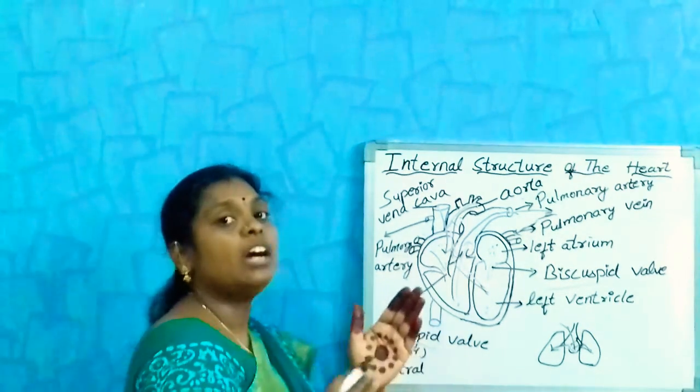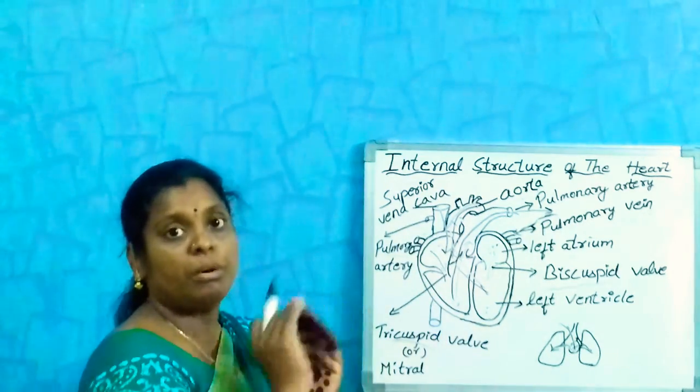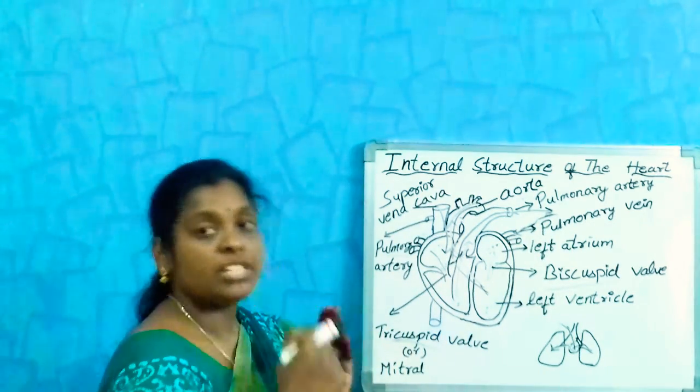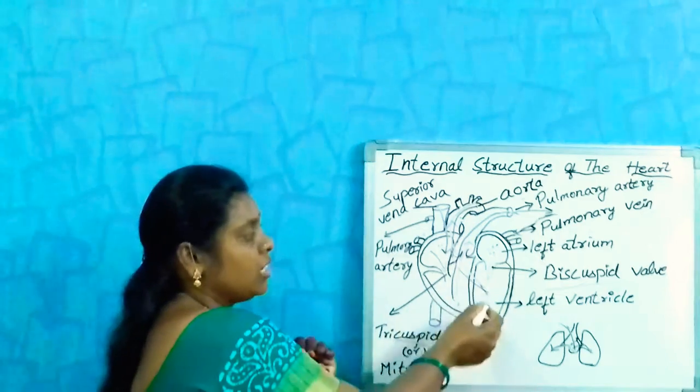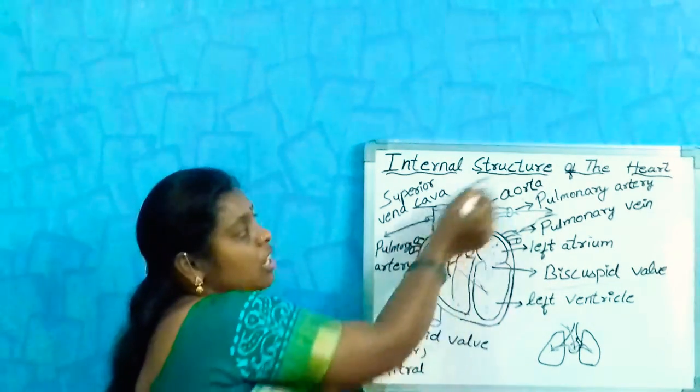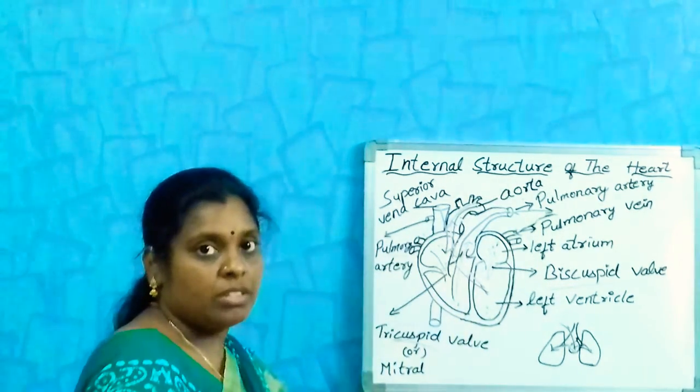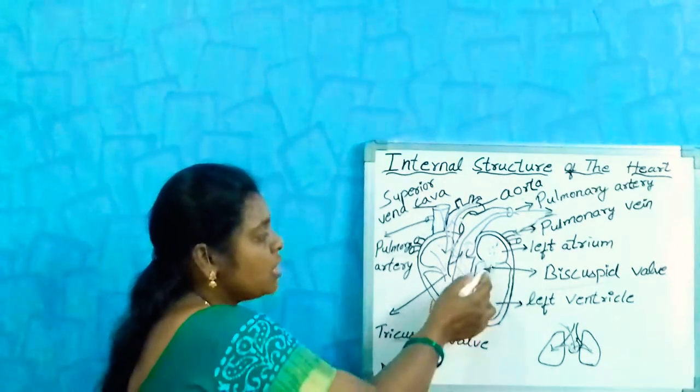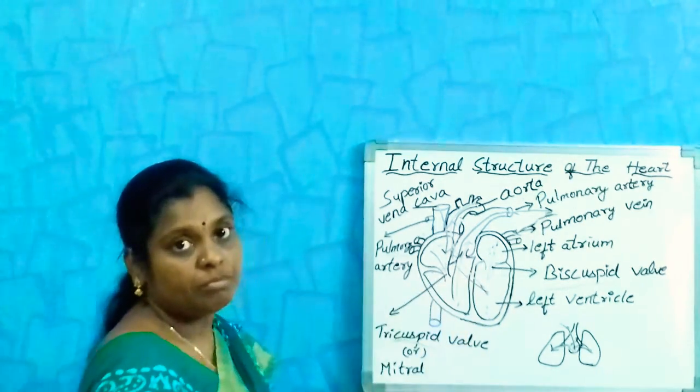It must flow in a uniform direction. But if the valves are absent, it may enter into the atrium again instead of going to the aorta. So the valves are important here.